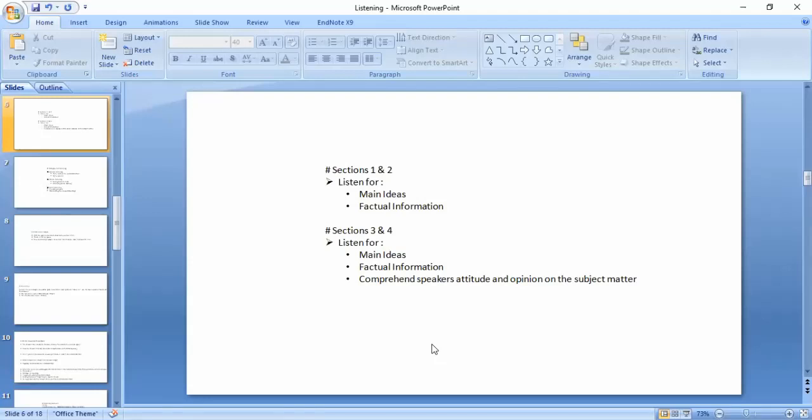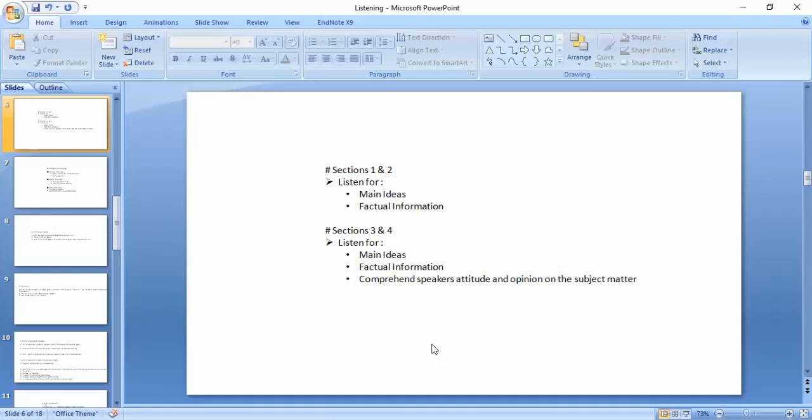So, sections 1 and 2. In sections 1 and 2, listen for main ideas and listen for factual information, like date of birth, phone number, or names of people, that type of information.